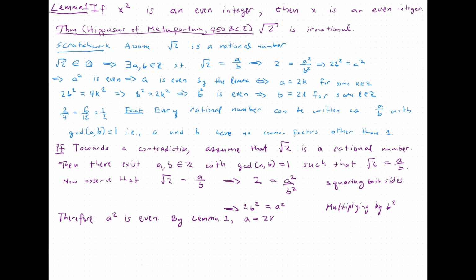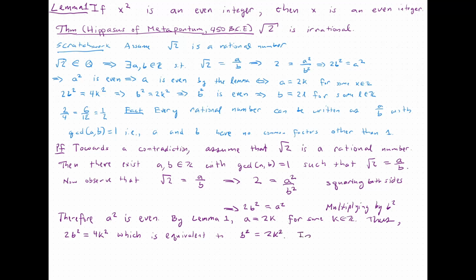So now a is equal to 2k for some integer k. Thus, 2b squared is equal to 4k squared, which is equivalent, upon dividing by 2, to b squared is equal to 2k squared.